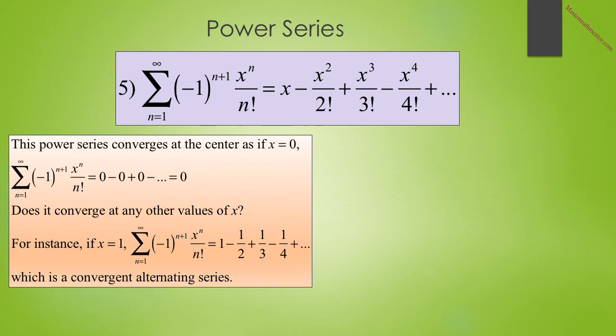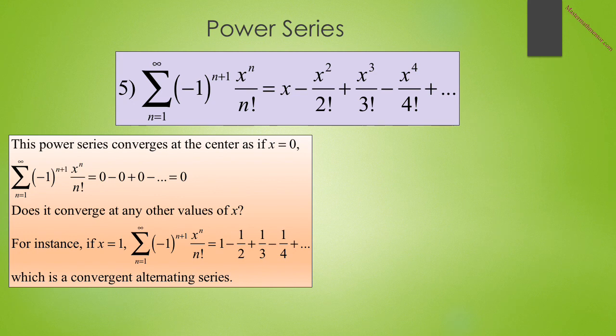As do all power series, this power series converges at the center, as if x is equal to 0, then the summation is 0 minus 0 plus 0 minus 0 dot dot dot, and that is equal to 0.